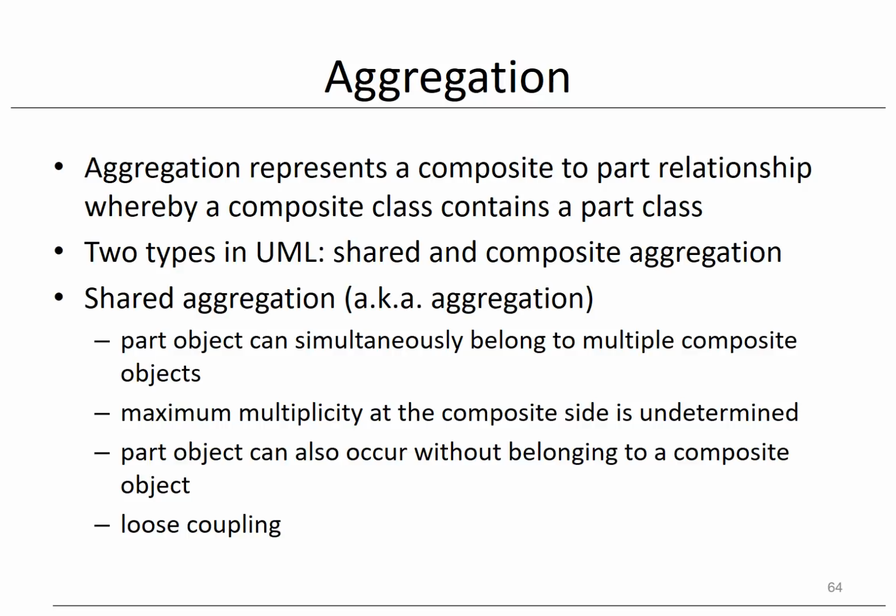Similar to EER, aggregation represents a composite to part relationship whereby a composite class contains a part class. Two types of aggregation are possible in UML: shared aggregation, also referred to as aggregation, and composite aggregation, also referred to as composition.